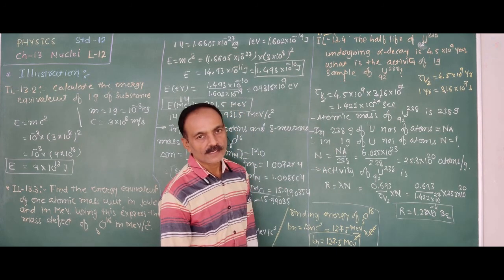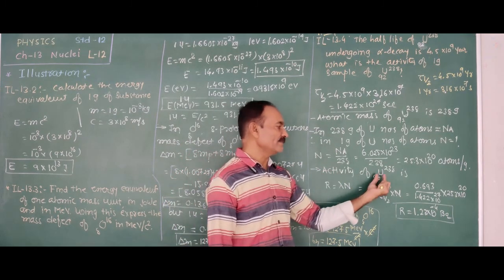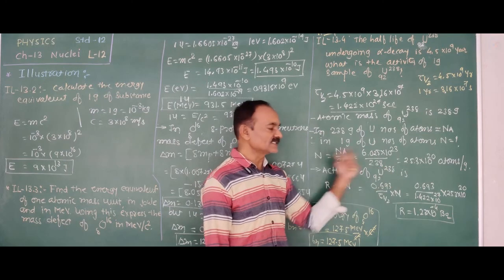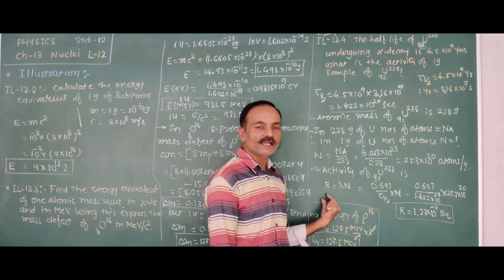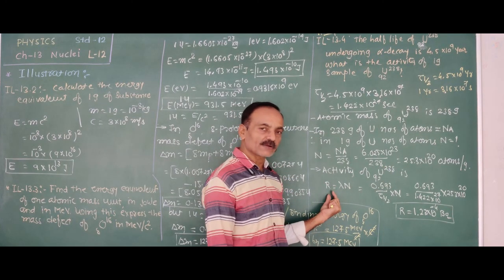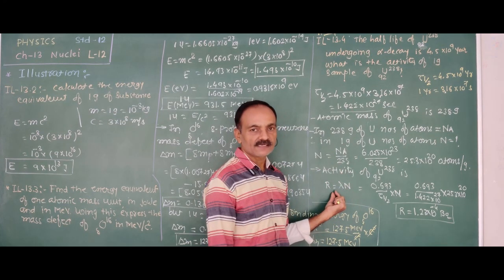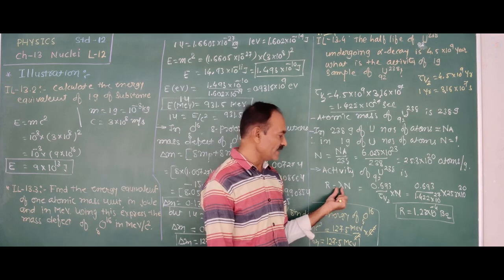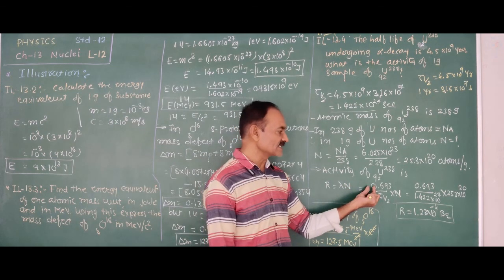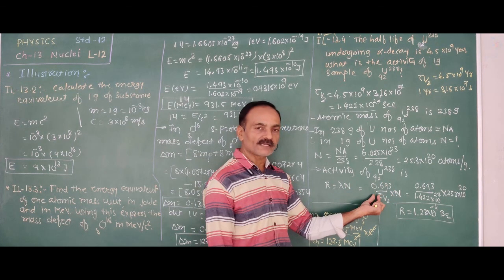Now, the activity of uranium-92-238 is R is equal to lambda N. Lambda is the decay constant. Here lambda is not given, but the tau half is given. Therefore, the relation between lambda and tau half is lambda equals 0.693 upon tau half.